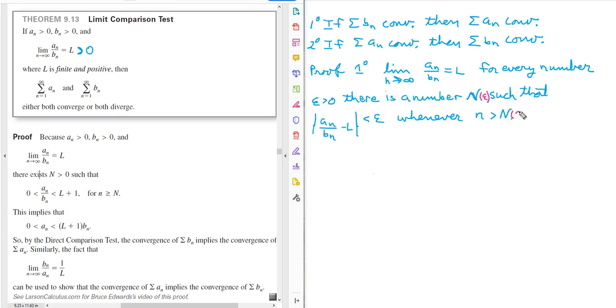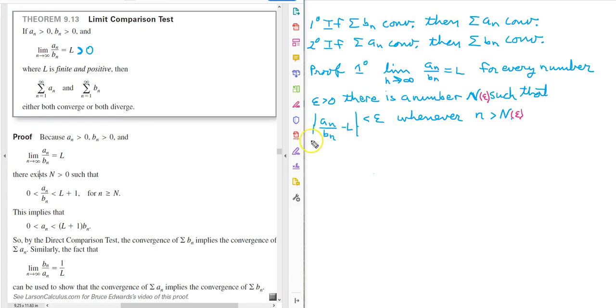So it usually depends on the epsilon. Oftentimes it might be something like 1 divided by epsilon, or 5 divided by epsilon. So it depends on epsilon. The smaller the epsilon is taken, normally the larger this N has to become.